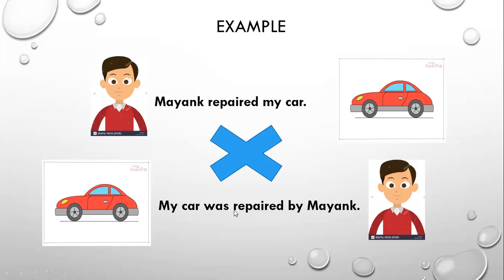So this is the main feature of passive voice. Here, in the active sentence, I am giving importance to Mayank, the subject who did the work. What did Mayank do? Mayank repaired my car. So this is the example of how to use active and passive voice. Although the meaning of both sentences is the same, the context and the sentence structure get changed.